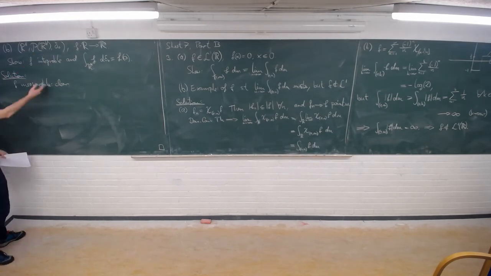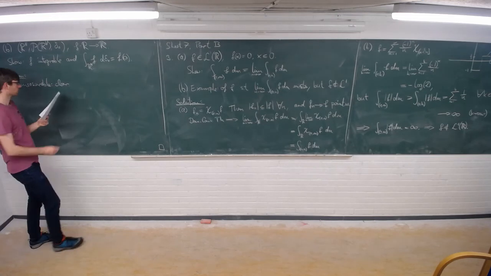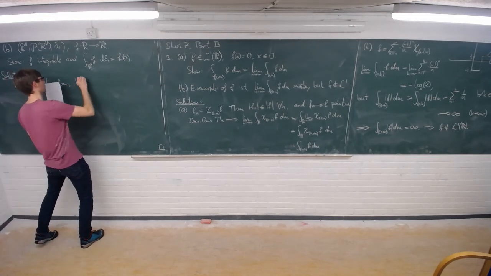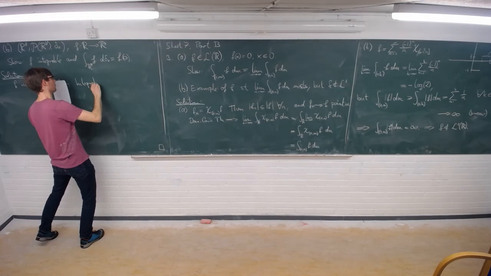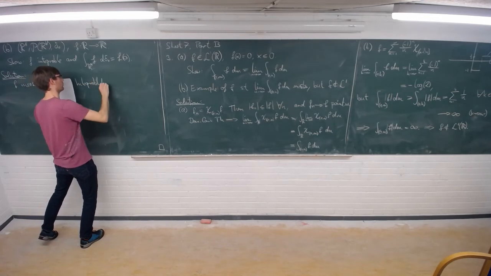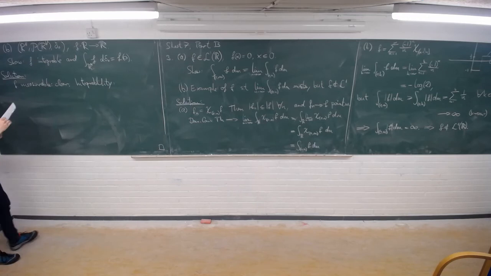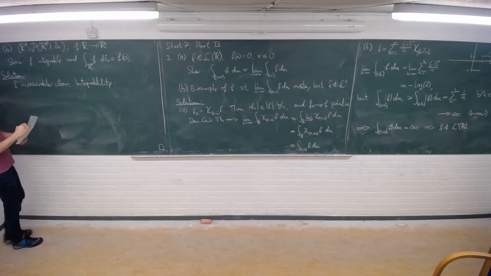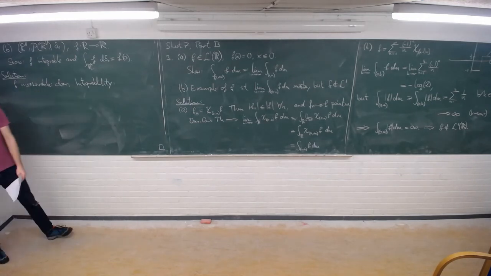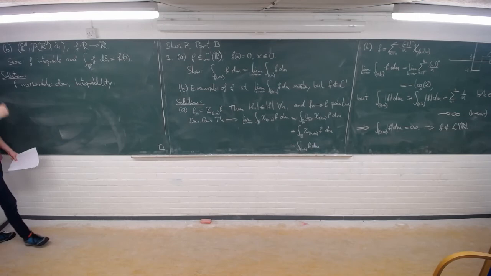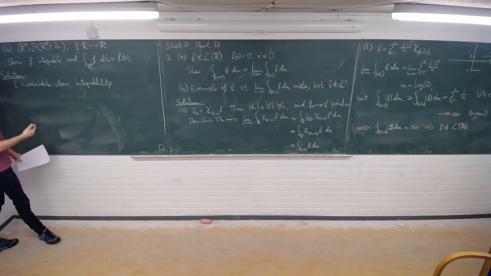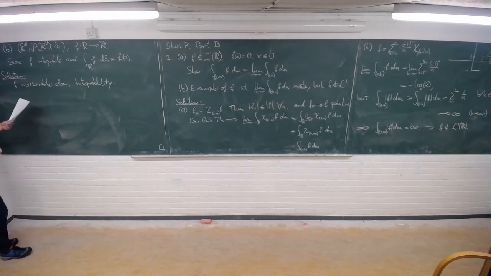So every function is measurable. Okay, now integrability. As I said before, we have to check the integrals of f plus, the positive part, and f minus, and they both have to be finite.